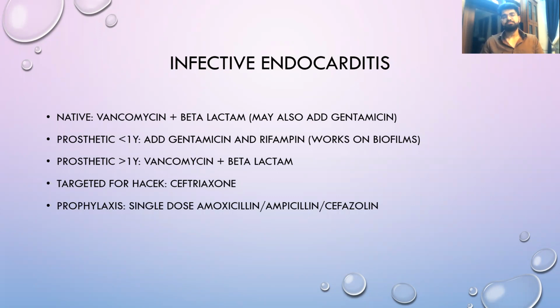And number three, what was the number three? Prosthetic material, a prosthetic valve, right? Whenever you have those three situations, only then is the pre-procedural prophylaxis done. So both of these things should be remembered: when to do it, what kind of procedures, and what drugs as well.